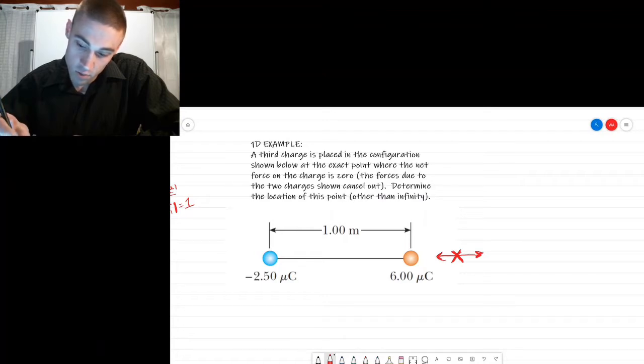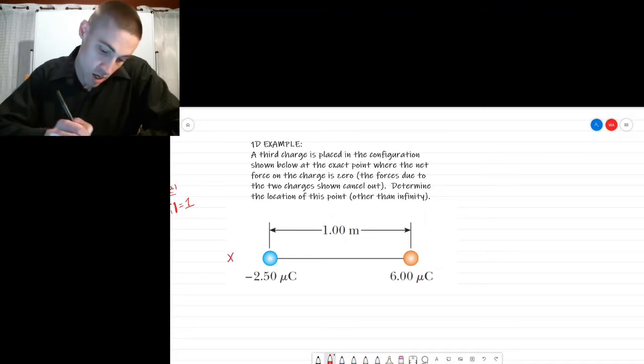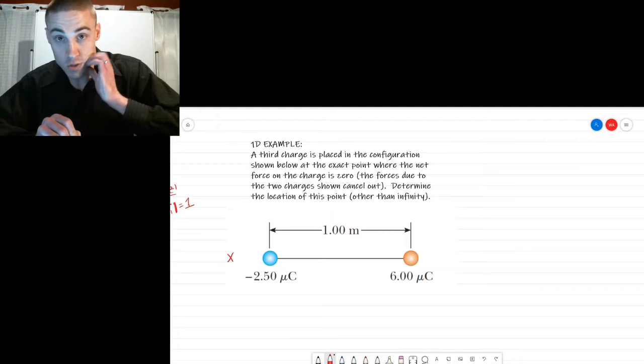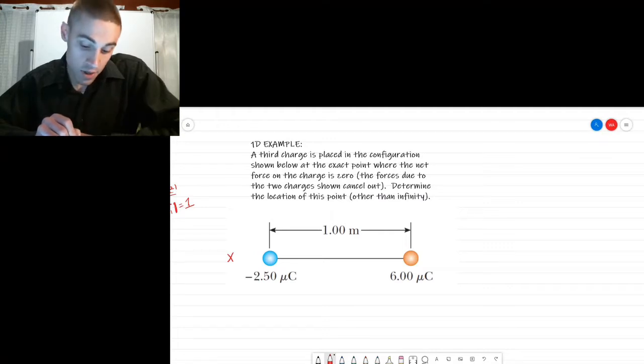So that's not going to work, because instead what we need is a point, say, over here, where we can be closer to the smaller charge, because the closer we get, the larger the force gets, and the smaller the magnitude of the charge, the less the force will get. So we want to be at a point that's close to the lesser magnitude charge and farther from the greater magnitude charge. That's the only way that we can get these things to balance.